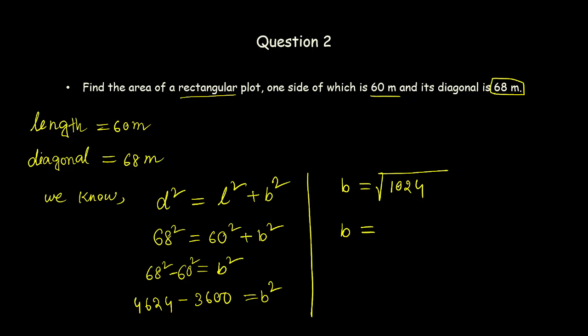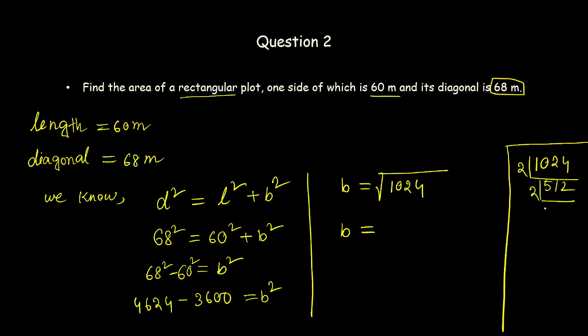So for square root we need to do the prime factorization of it, right? Prime factorization of 1024. I am doing it traditionally. Okay, there is obviously a shortcut as well. So 1024 divided by 2 is 512, again 2 is 256, again 2 is 128, then 64, 32, 16, 8, 4, 2, right?